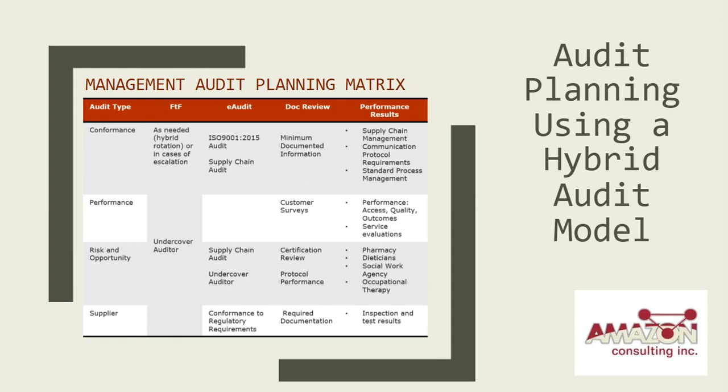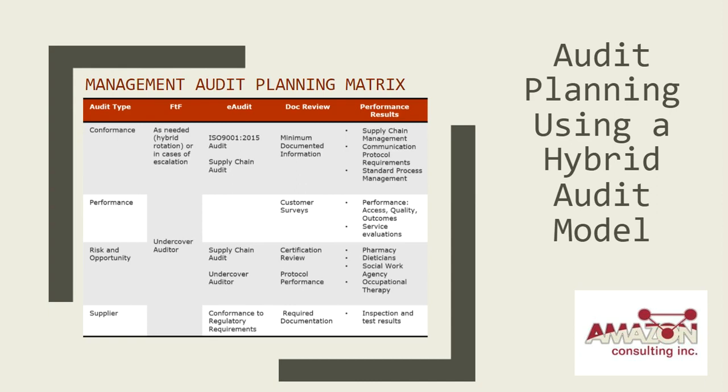One of the really great things that ISO 9001:2015 came out with was reference to the management audit plan. Now, before the 9000 series came out, they always had a management representative that would oversee the audit and the audit plan and all of that. And it was really focused on the manufacturing floor.